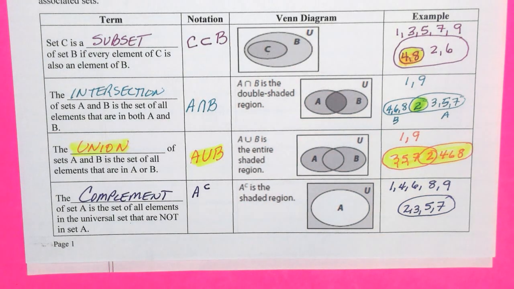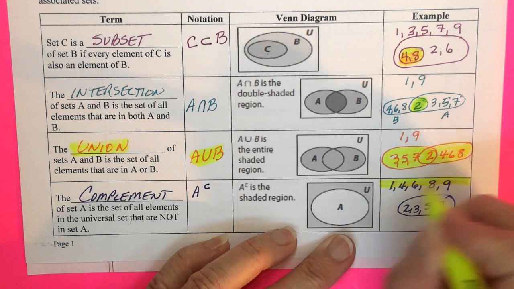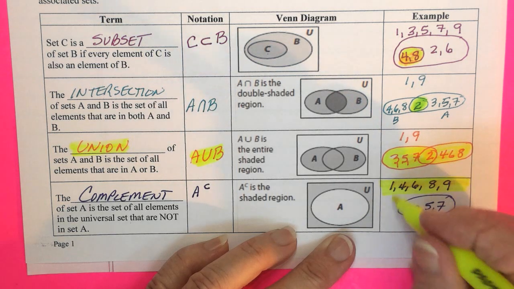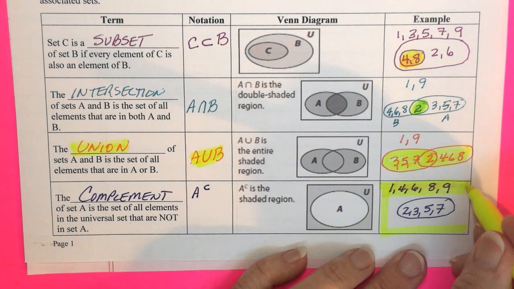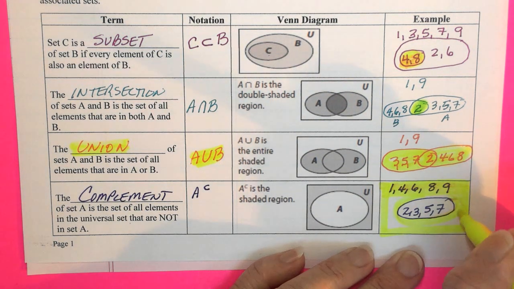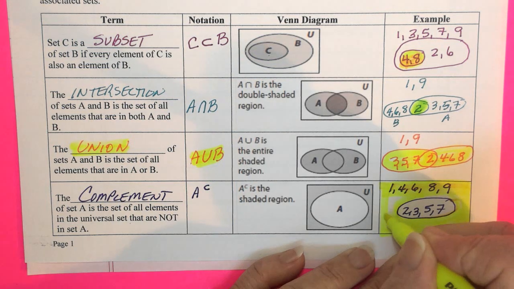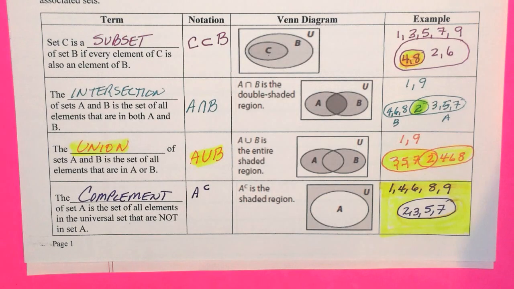So the complement of A, I'm going to put in yellow, are these numbers here at the top. They are in the universal set, but they are not in A. They complement it because they complete the universal set for the problem. But again, your answer for the complement is what I've highlighted in yellow. 1, 4, 6, 8, 9. That's set notation we're going to need to move forward.